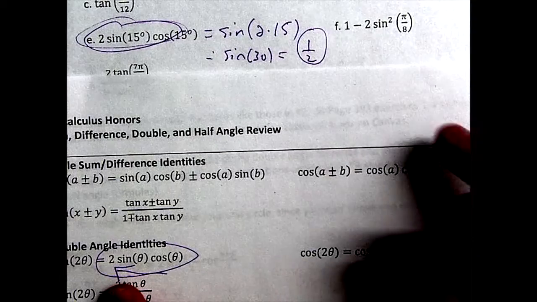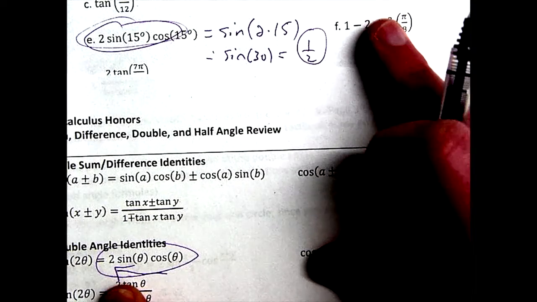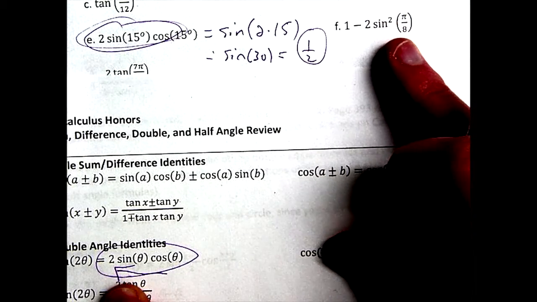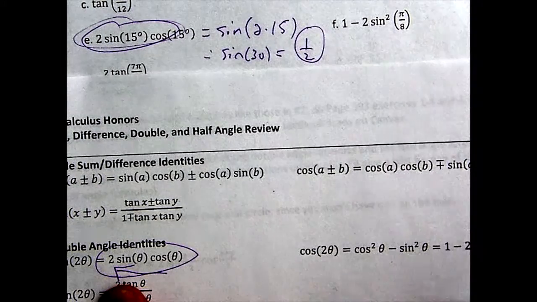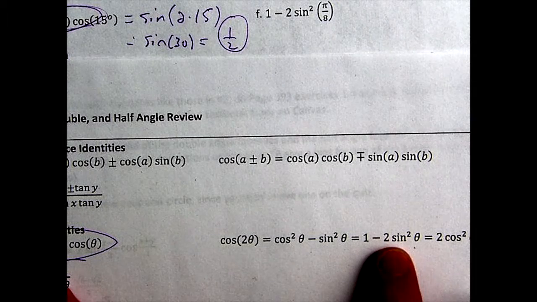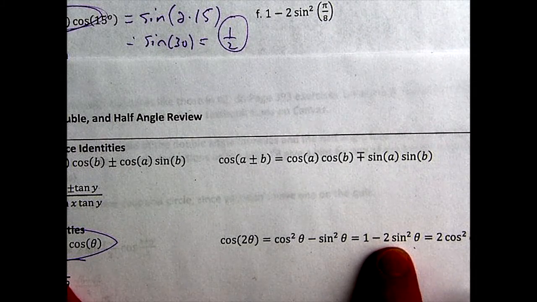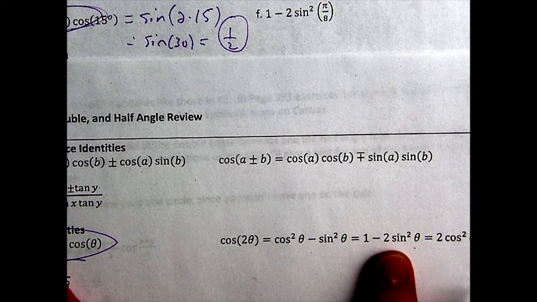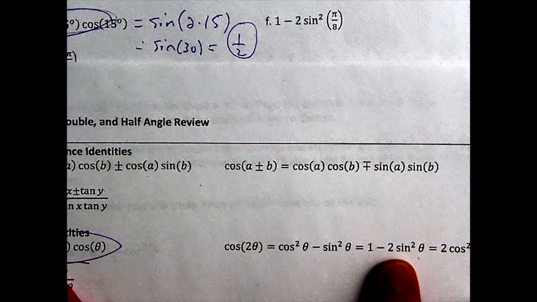F, very similar. You should hopefully notice that 1 minus 2 sine squared pi over 8 looks a lot like this, right? 1 minus 2 sine squared theta looks just like the cosine double angle identity, except theta is what? It's pi over 8.